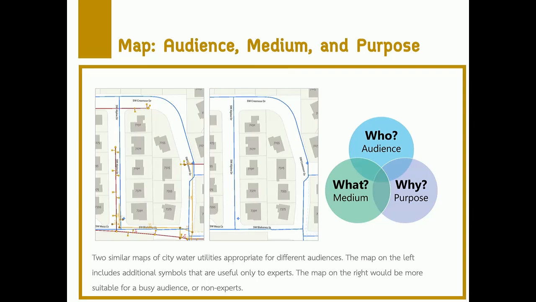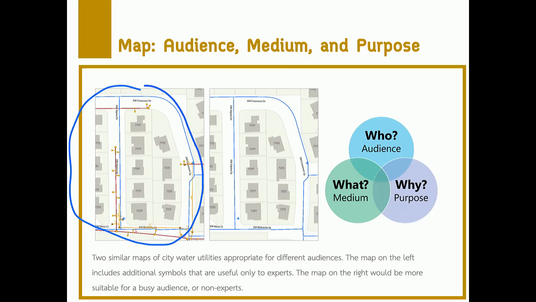So you can see from this map, we need to be concerned about who will be the audience, or who will be a user, a customer, or our staff, or students, or the patients. So you can see from the left-hand side of the map, there are more symbols, right? There are more specific symbols. It means that only experts or users who are staff, engineers, or architects can use this map.